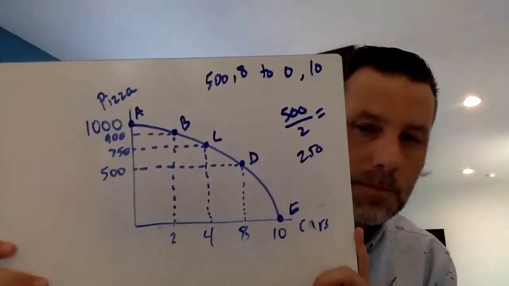Now, let's compare that as we go from A to B. As I go from A to B on this graph, I'm giving up 100 pizzas to get 2 cars. So for A to B, I'm giving up 100 to get 2.